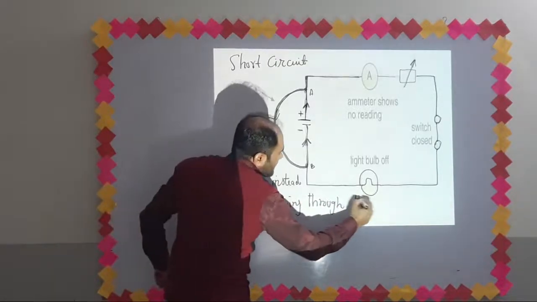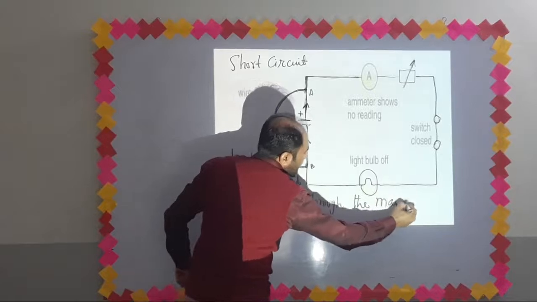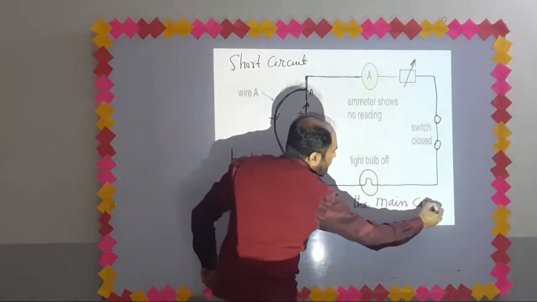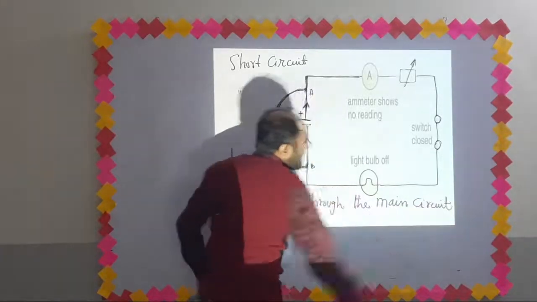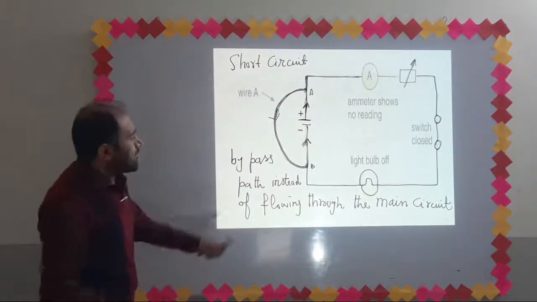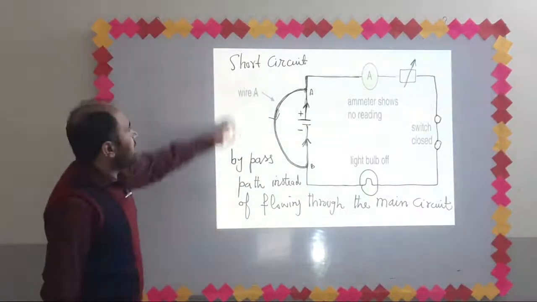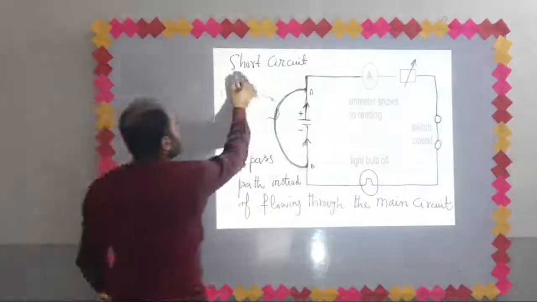The circuit in which the current takes a bypass path instead of flowing through the main circuit is called a short circuit.